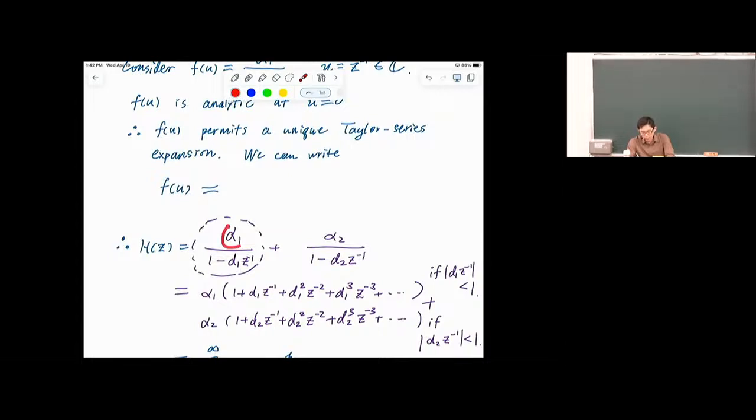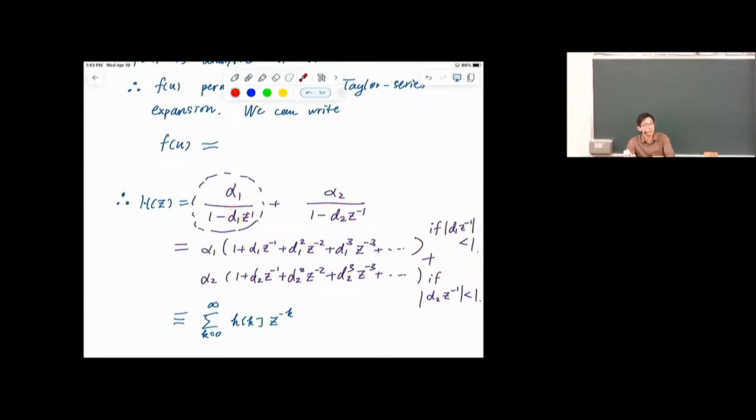If you believe me that I've correctly calculated alpha 1, alpha 2, and all the coefficients, then everything's solved. I claim to you, 我宣称, that we can just use the formula in a reverse way, 倒过来用, in the opposite direction.